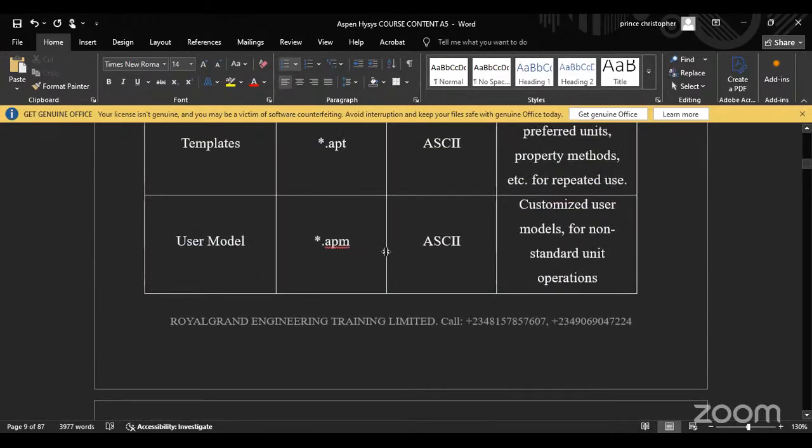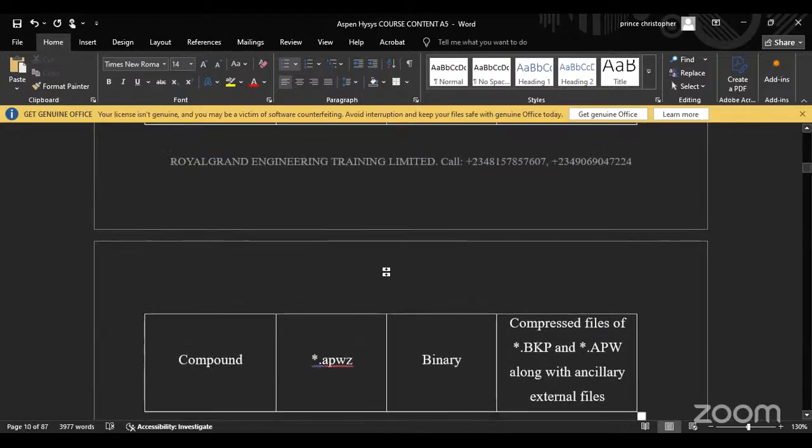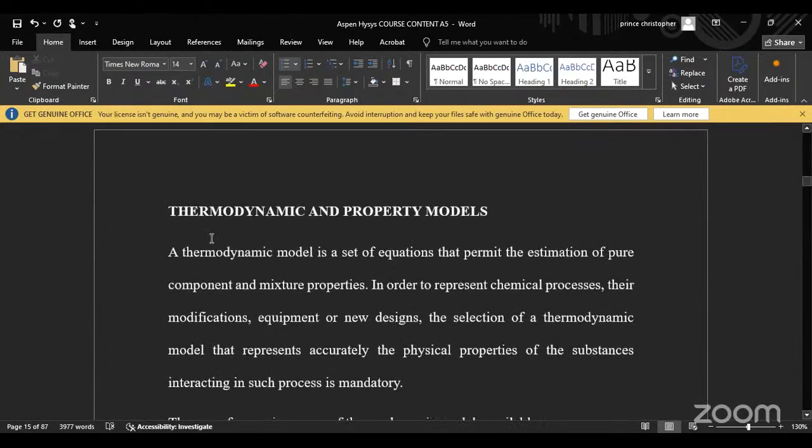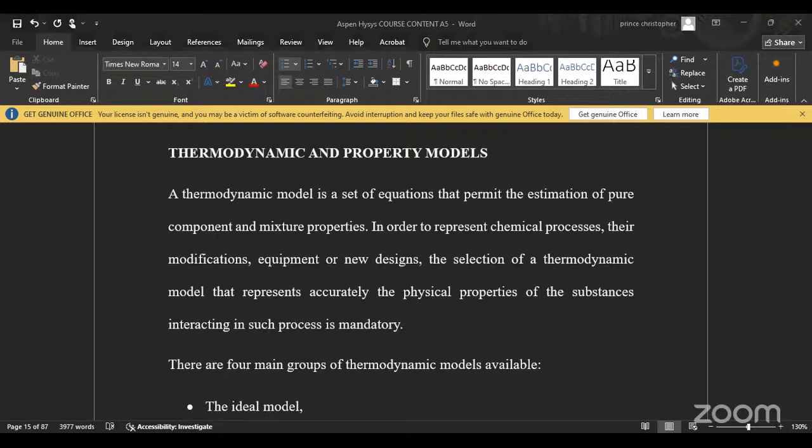While we were in the introductory aspect, I said I was going to explain thermodynamic properties, which is what we are going to look at. Now, when we talk about thermodynamic property, what exactly are we talking about?